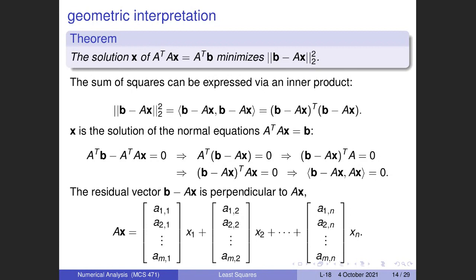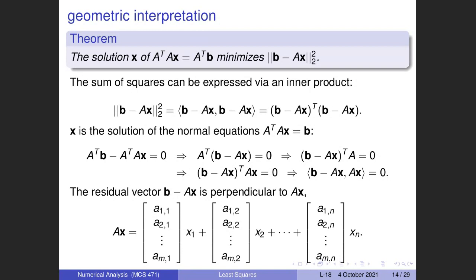Then we exploit the fact that we have the normal equations, so we can replace x. So we actually formulate the least squares systems. And what we find is that the residual vector is perpendicular to the linear combination of the columns.